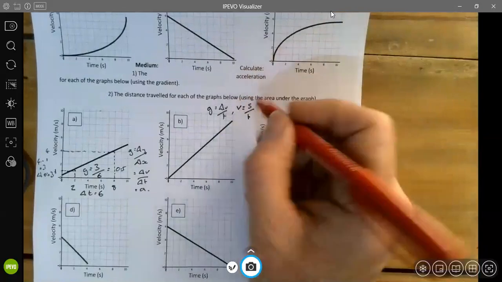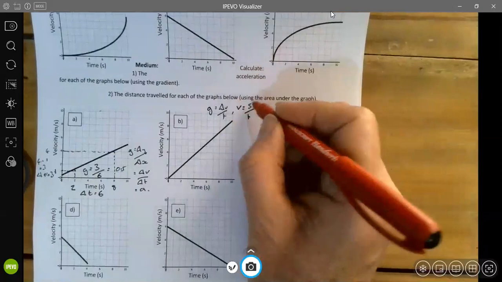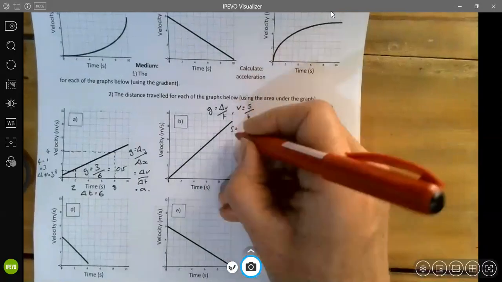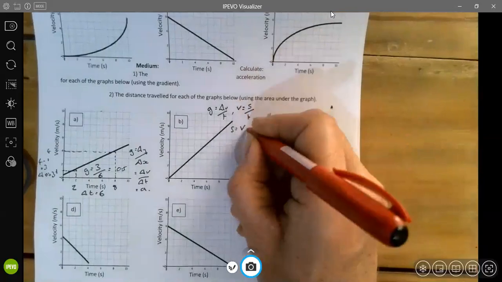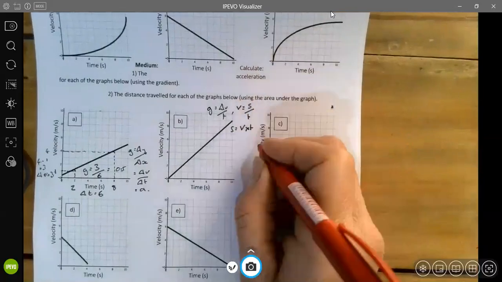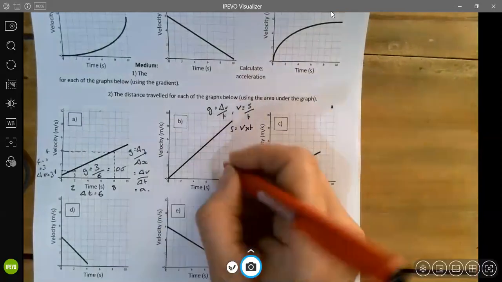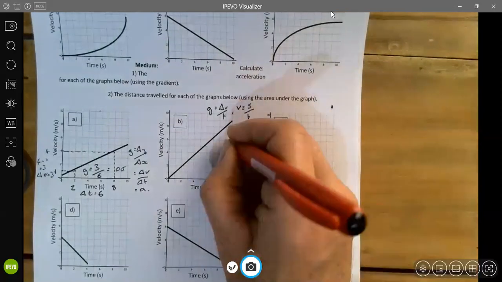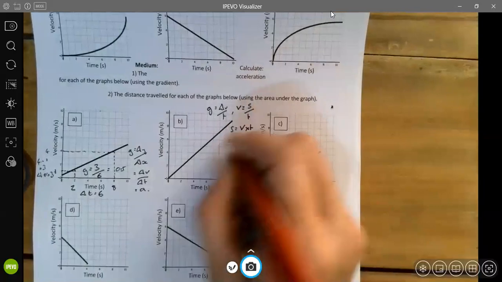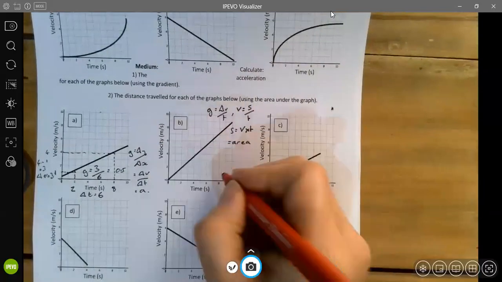So if I rearrange this, displacement is velocity times time. And if I take the area underneath the graph, that is the velocity times time.